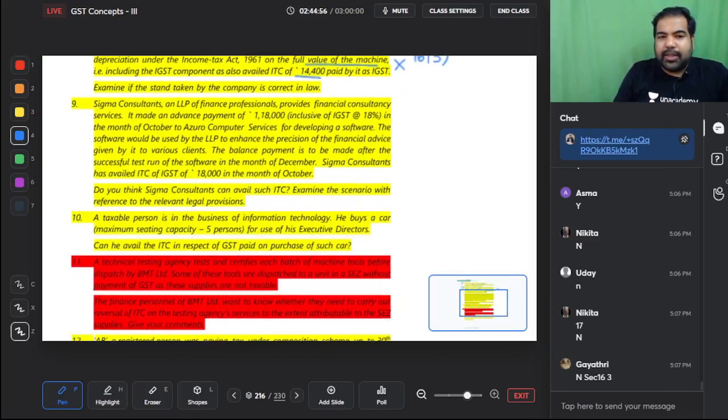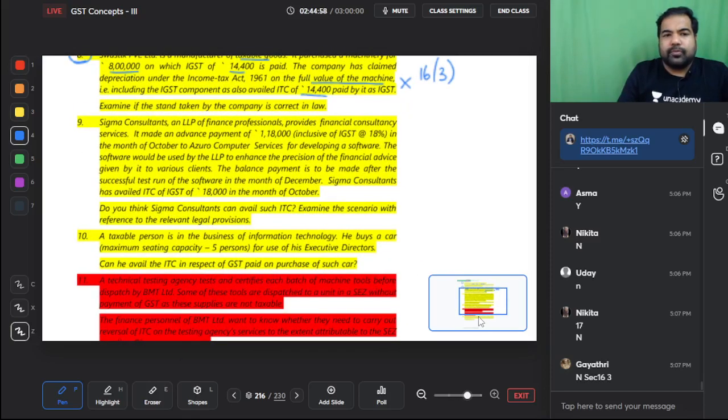The 9th one is an interesting one, guys. Sigma Consultants provides financial consultancy services. It made an advance payment of 1,18,000 inclusive of 18% GST in the month of October to Azuro Private Computer Services for developing a software. So guys, this is a supplier, Azuro Computer Services.